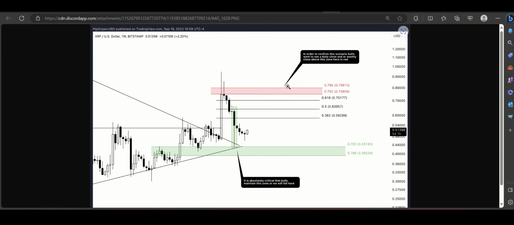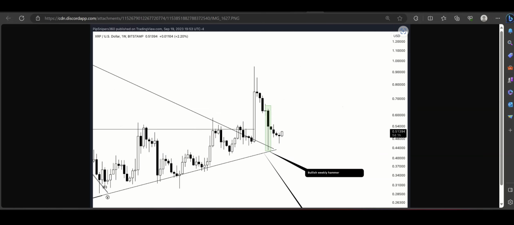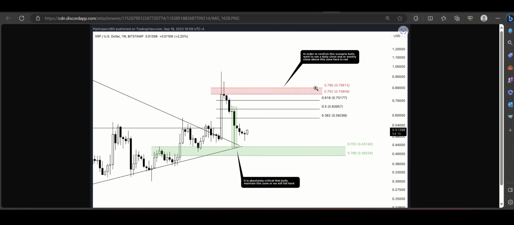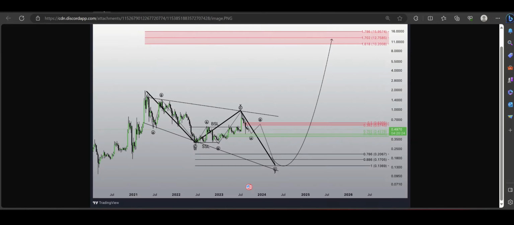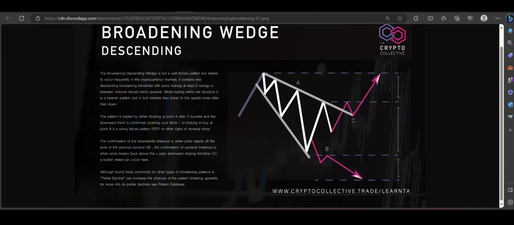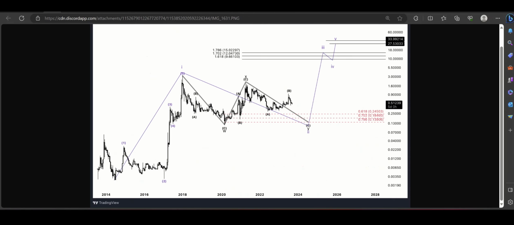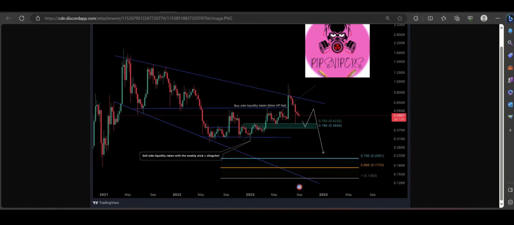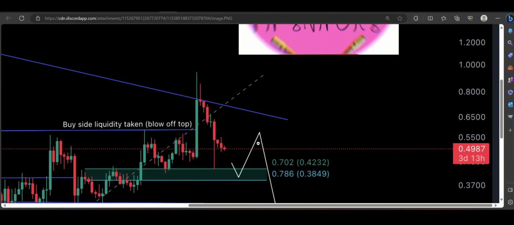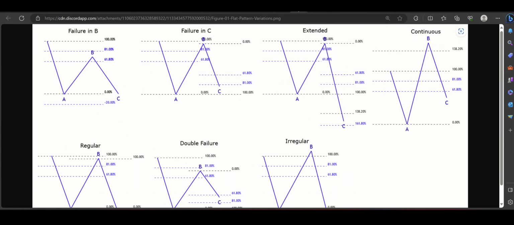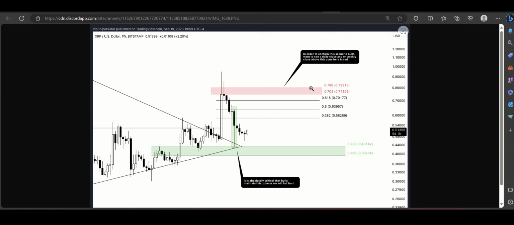And in order to confirm that this scenario is possible, right over here, we need to get over this red zone, right? Because remember that this move that we're going to have here may go up all the way to the 786 and the 702.